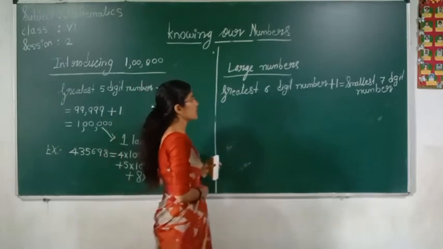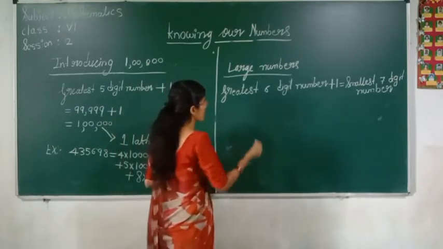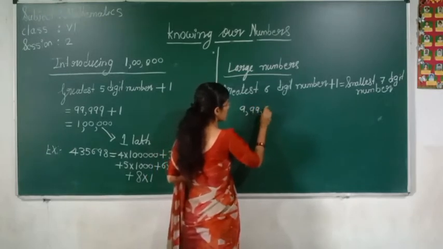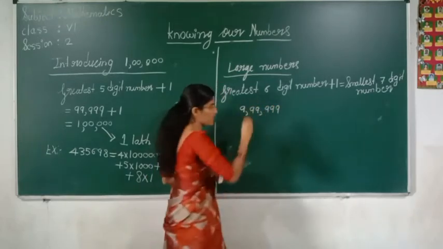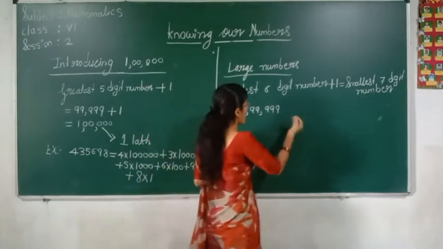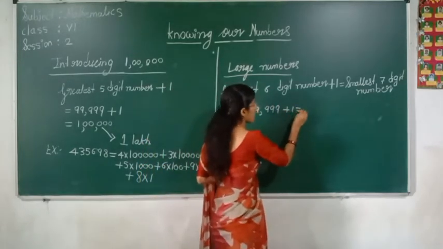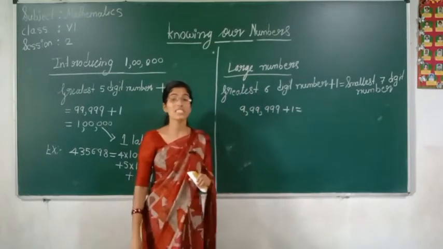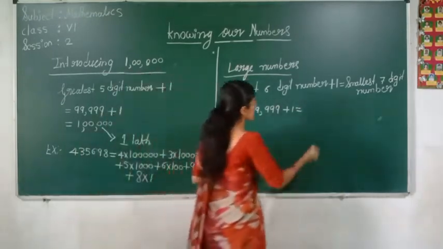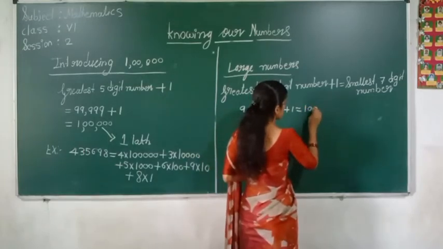Now see, the greatest 6-digit number is 9,99,999. If I add 1 here, I am going to get a smallest 7-digit number.